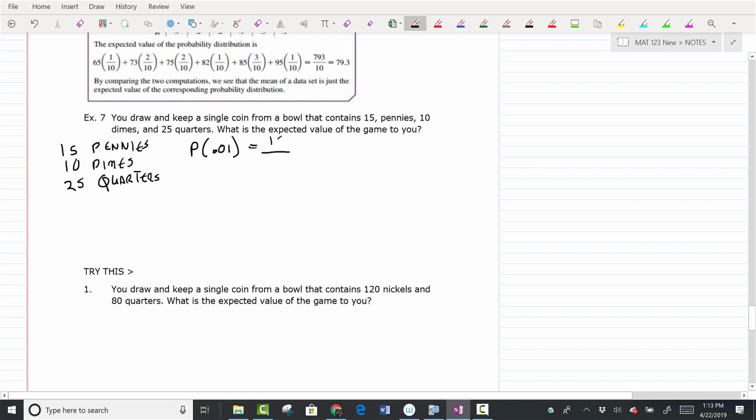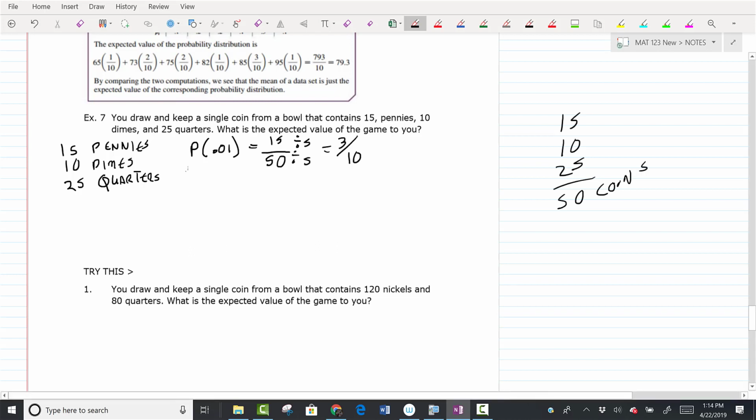All those numbers add up to 50: 15, 10, and 25 add up to 50 coins. So you would have a 15 out of 50 probability. I'm going to reduce these fractions as I go, though you could bypass that if you wanted to. That gives a 3/10 probability. So 3 out of 10 times, on the average, you're going to get a penny.